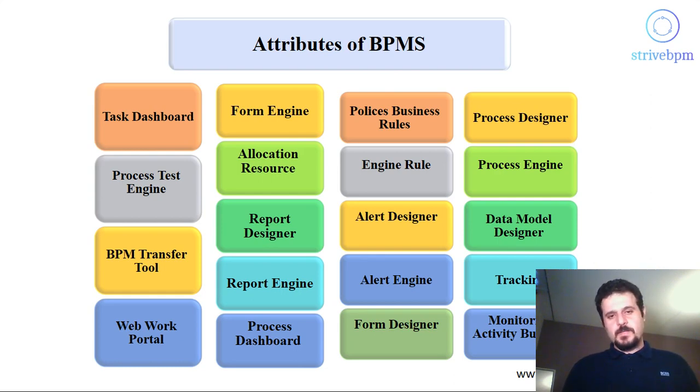Some attributes of a BPMS, just a scheme of them. For example, it should have a task dashboard, form engine, policy, business rule, process designer, or the BPM transformer tools.